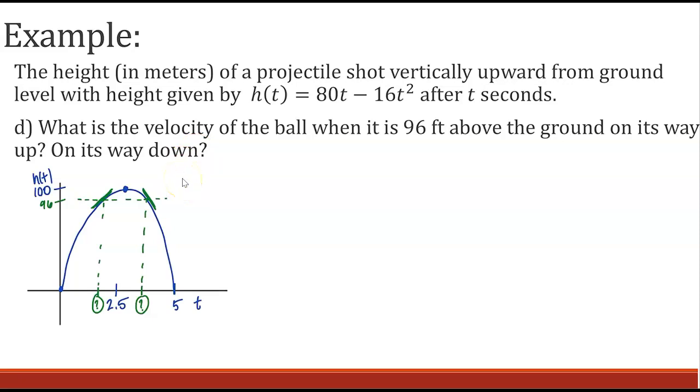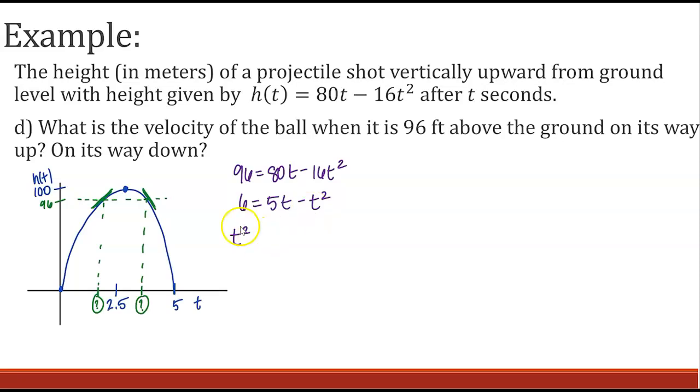So we're going to set 96 equal to 80t minus 16t squared. I can divide out the 16. Each of these is divisible by 16, and we're going to get a lot nicer numbers. We get 6 is equal to 5t minus t squared. It's a quadratic equation, so I'm going to set it equal to 0.